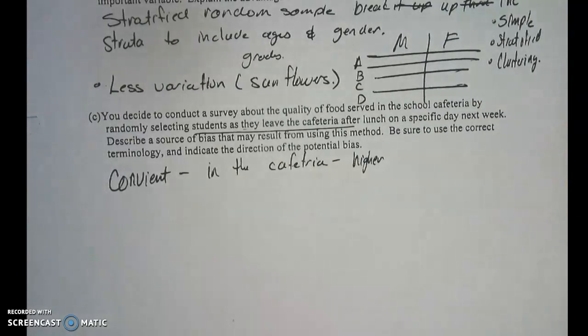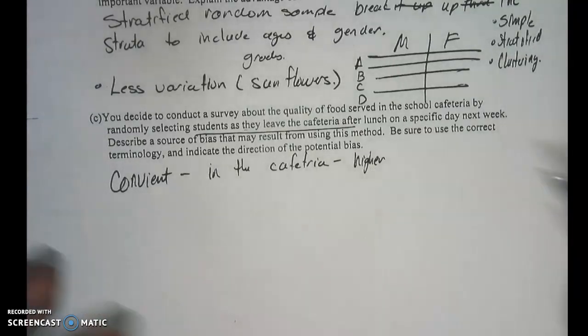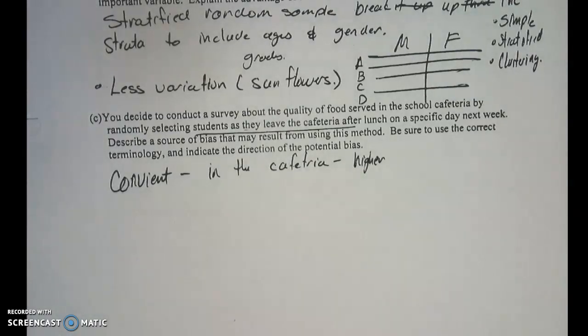Now, they may say that it sucks. They just have to eat there because they can't leave. Like elementary kids, can they leave? So they're going to be there going, hey, this is great stuff, right? Junior high kids, they still can't leave. They're kind of stuck there.